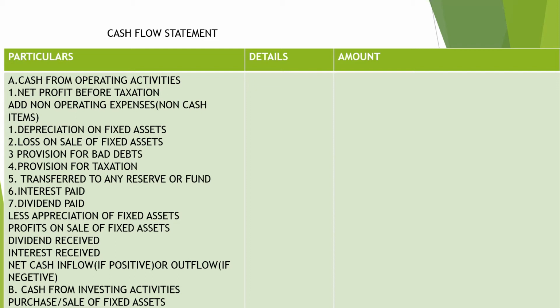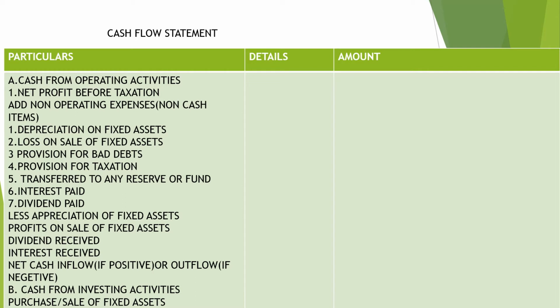If we sell any fixed assets on loss, that is also a non-cash item. Then third, provision for bad debts. We provide for bad debts, that they are likely to be bad debts in our future. Whatever our debtors are there, on that we make provision for future bad debts when they are to be collected.